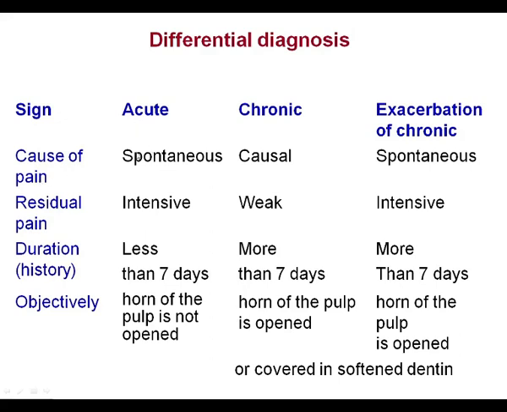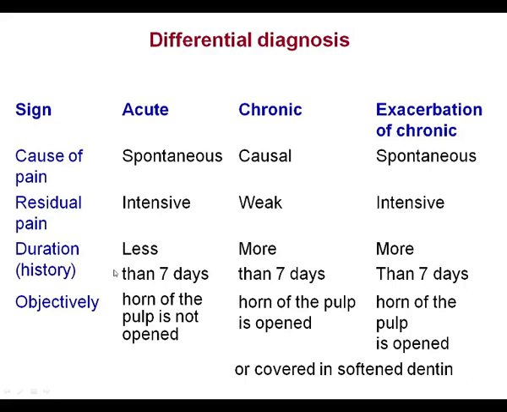Cause of pain in acute, it's without reason, spontaneous, in chronic from reason, causal, and when exacerbation, it's also spontaneous. Residual pain or trace, prolonged pain. In acute, it's intensive. In chronic, it's weak. And in exacerbation, it's intensive.